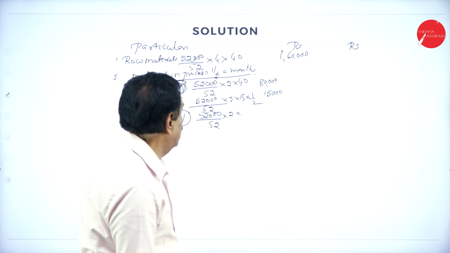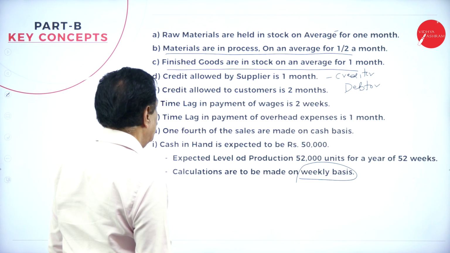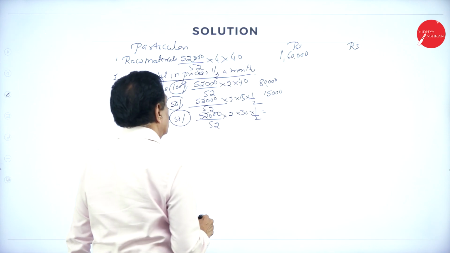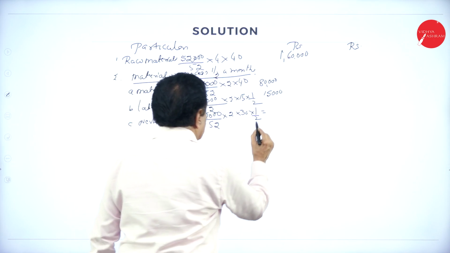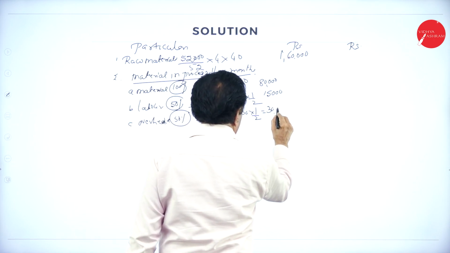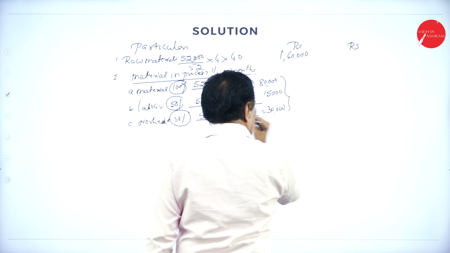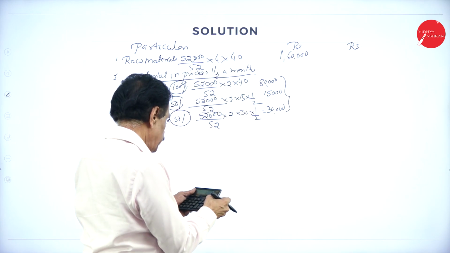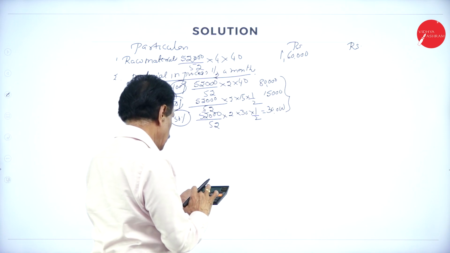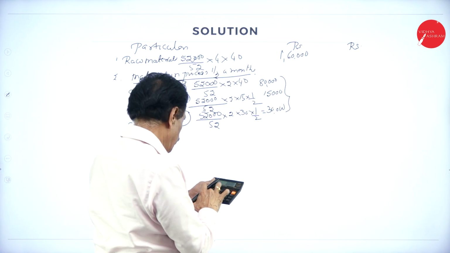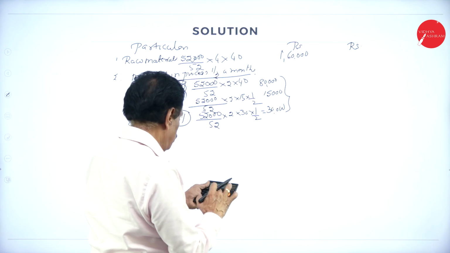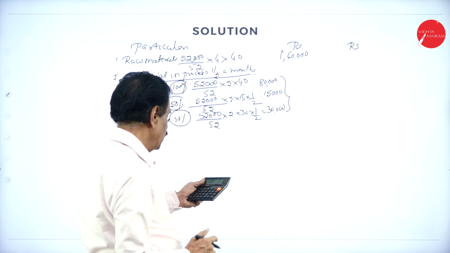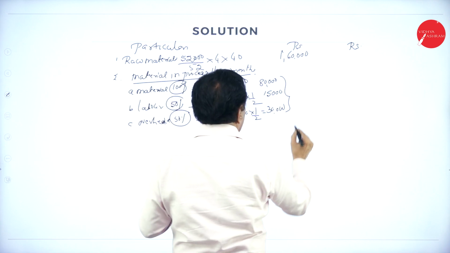What's the overhead expenditure? 30 rupees into half, so 30,000. Add: 80,000 plus 15,000 plus 30,000 is 1,25,000.